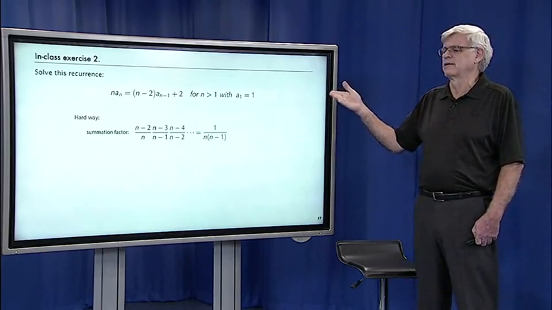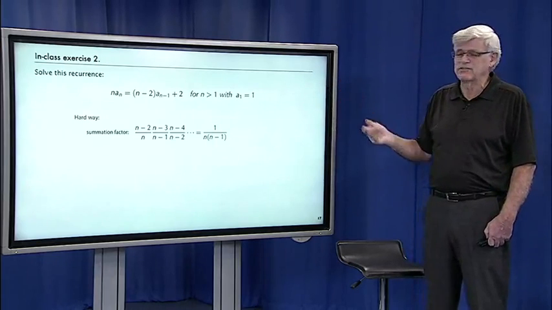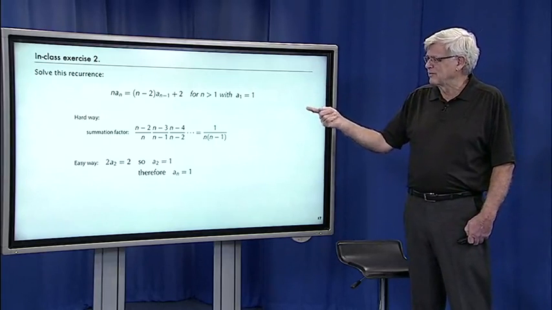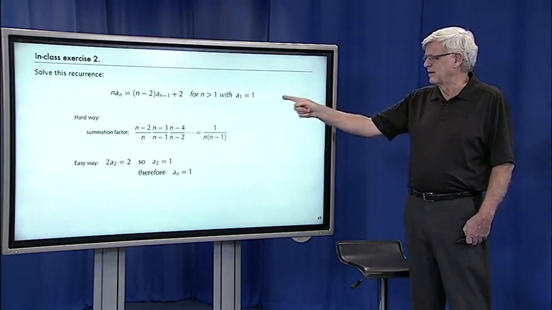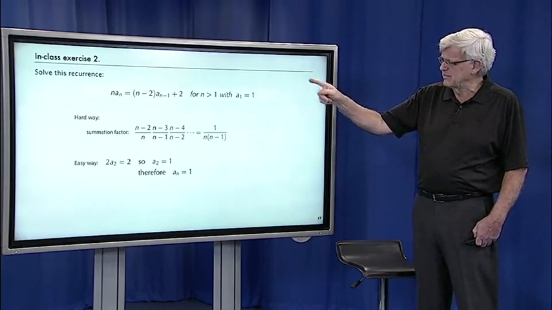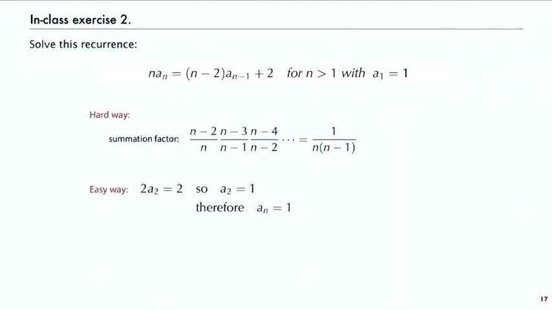You forgot the other thing that I said we should do when faced with a recurrence, and that's to do the initial values. If you do the initial values on this, so A1 is 1, what's A2? Well, A2 equals 0, so it cancels out the A1 thing, plus 2, so 2A2 is 2, so A2 equals 1.